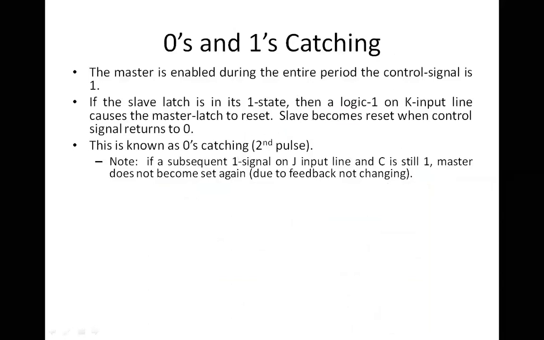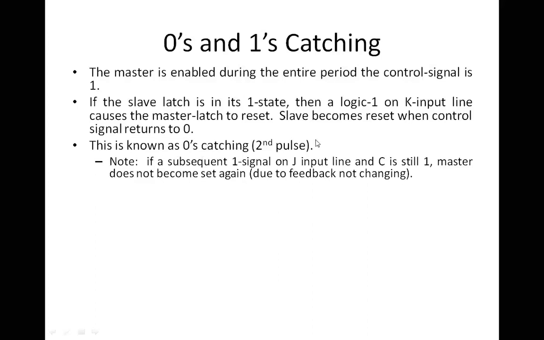If it was in high state and then J became 1, and C is also 1, then it will continue the same state, which is set state. The same state is going to be continued because the slave is disabled, because C is 1 here. When C is 1, master is enabled, slave is disabled. Which means if 0 was given to slave in the previous cycle, the same 0 is continued.